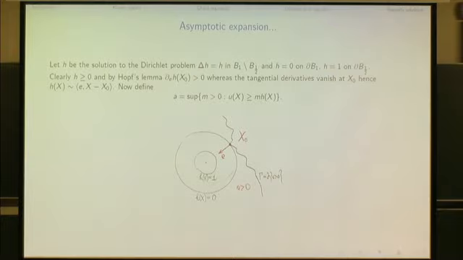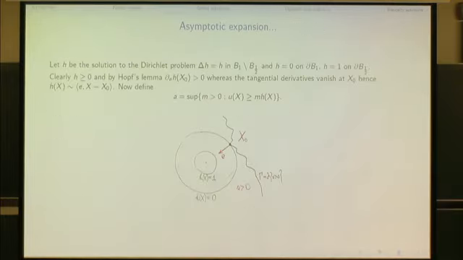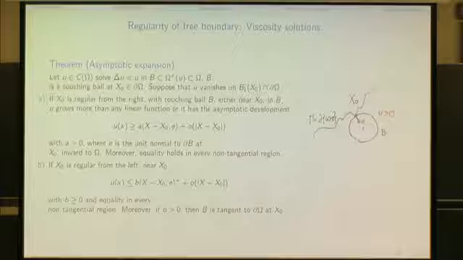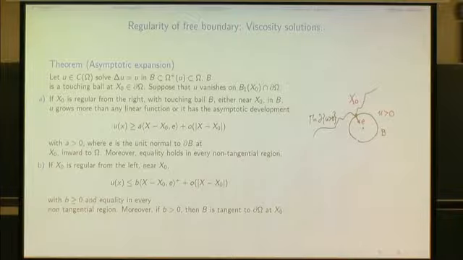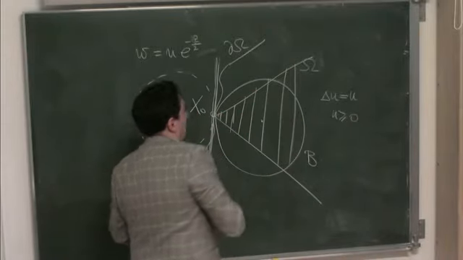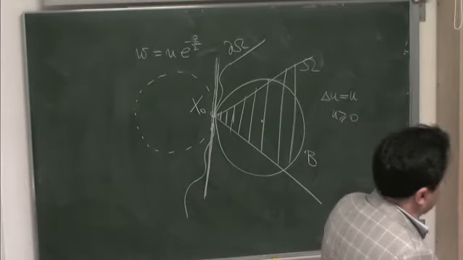And therefore, if you do this argument carefully, then that A, the supremum that appears here, is going to be exactly the A in this inequality. Moreover, you're going to have equality in any non-tangential region. Non-tangential means that we're approaching this point within a cone, and in any such cone you're going to have actually equality.